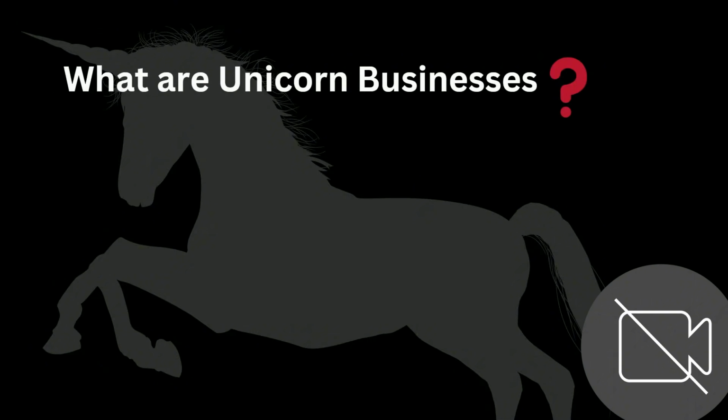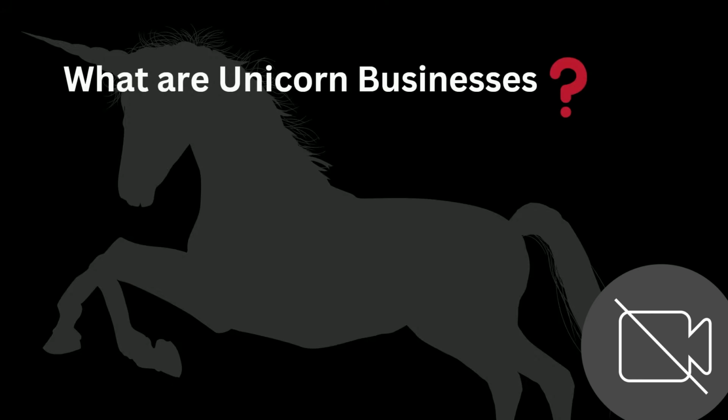So in short, we can say unicorn companies are startups that have achieved a valuation of over $1 billion through technological innovation, rapid growth, and disruptive business models. They offer unique products or services that solve problems or create new opportunities in various industries.